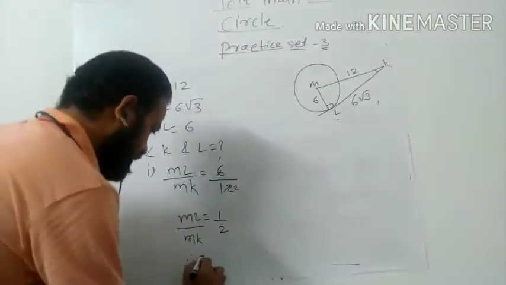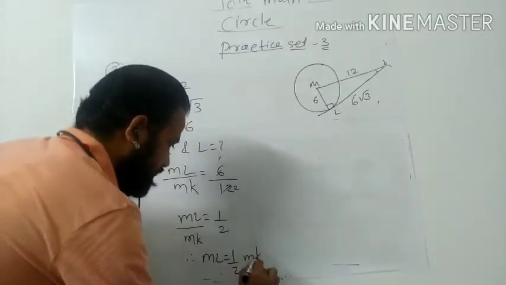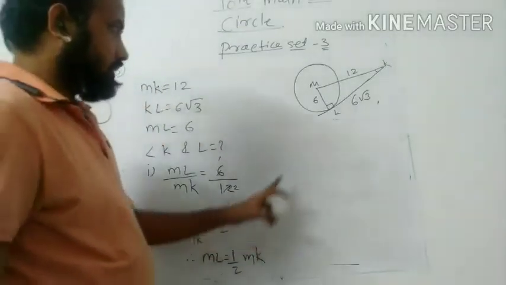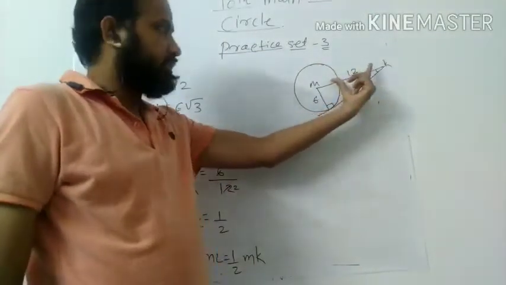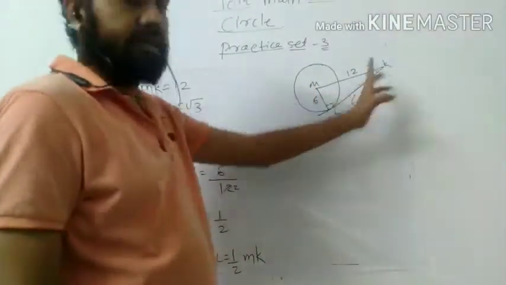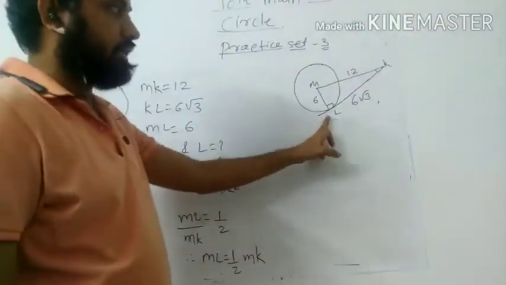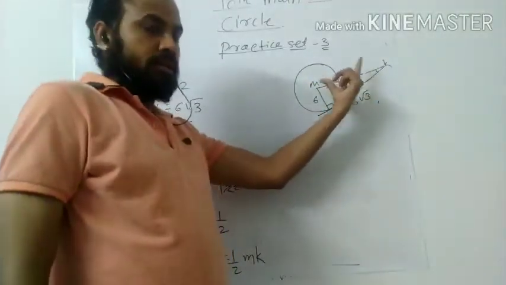Therefore I can write ML equal to 1 by 2 of MK, isn't it? It means whatever the distance of this side is, it is half of this hypotenuse. This MK is the hypotenuse in this triangle, because this triangle MLK is a right angle triangle, angle L is 90 degrees, so this is the hypotenuse, and this side is half of the hypotenuse.